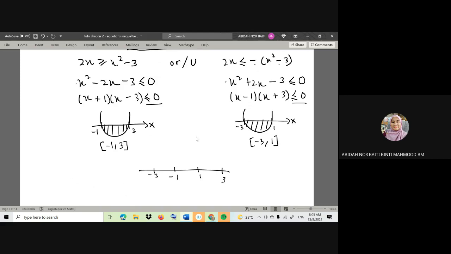Okay, here is from -1 to 3. Yeah? From -1 to 3, we use dense because square bracket here. Okay, here from -3 to 1. So from -3, we use dense because square bracket until 1.